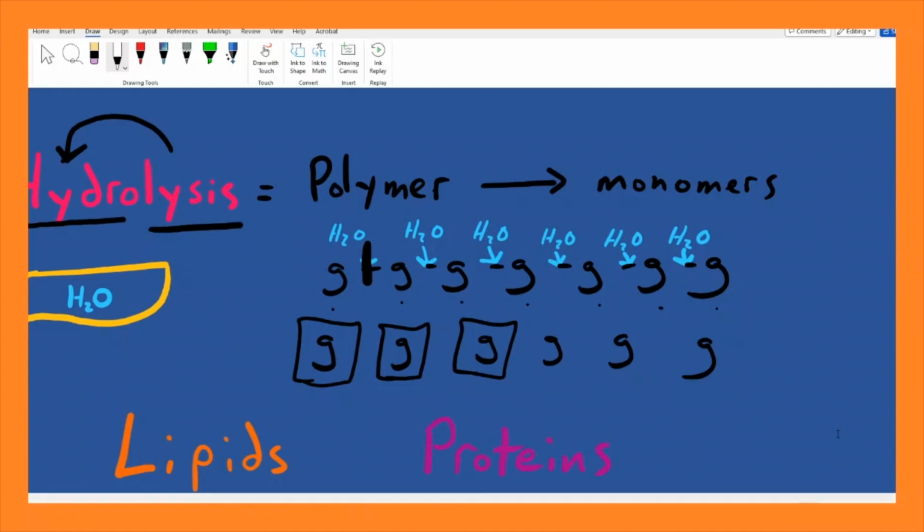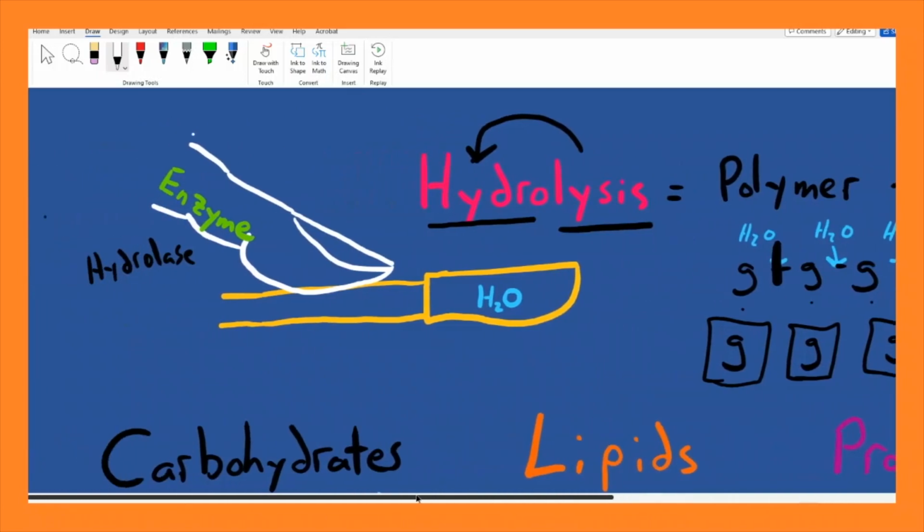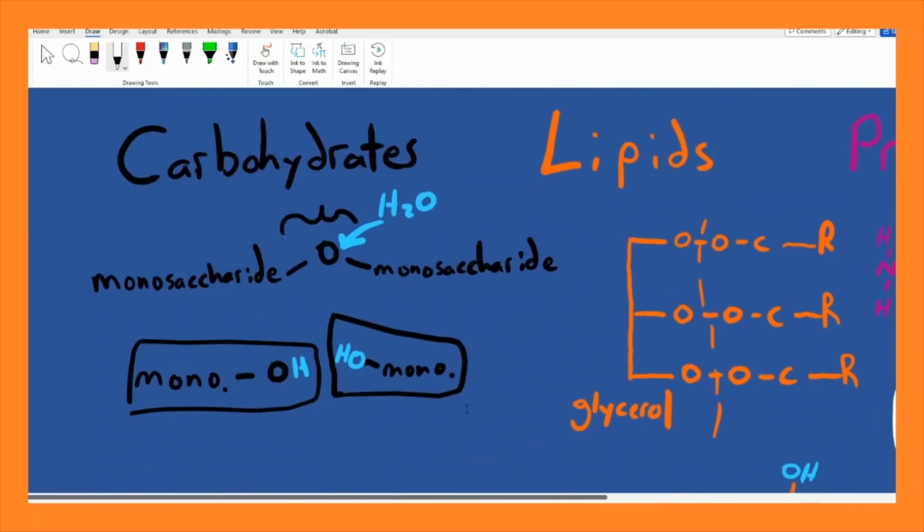And enzymes are very specific as to where they will cut, what their substrate is. What do they cut? So carbohydrases, plural, will cut apart carbohydrates. Lipases will cut apart lipids.